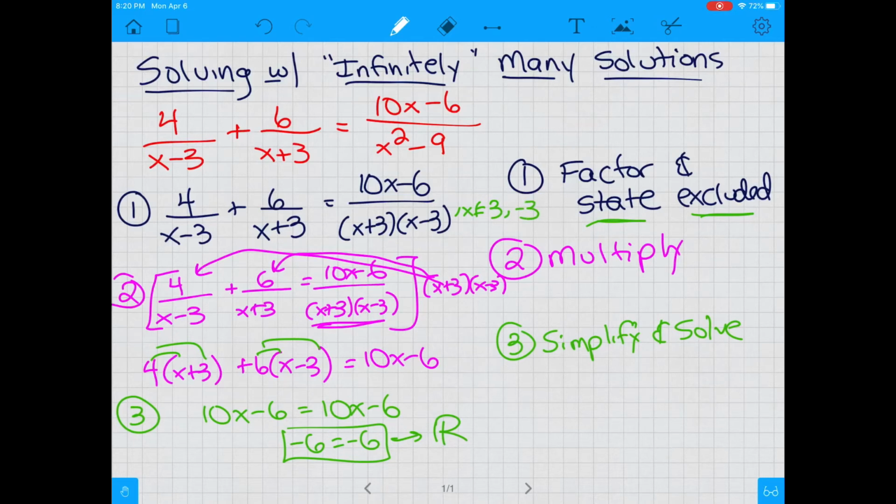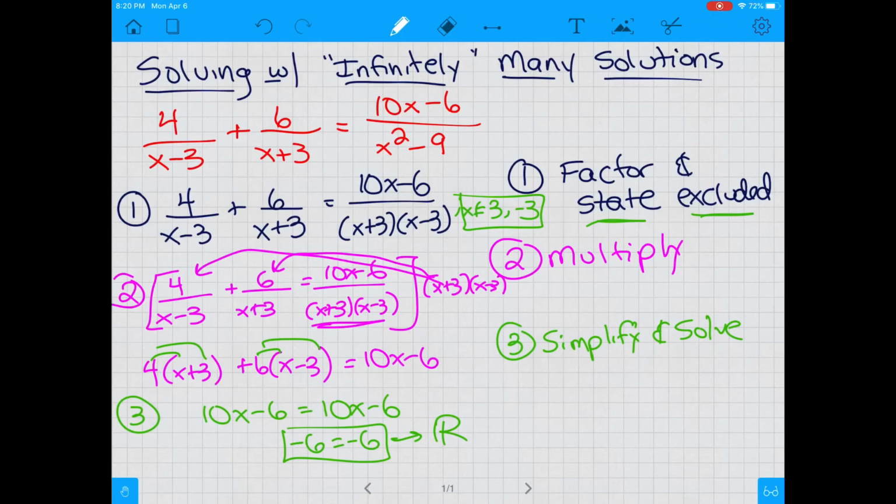The reason why infinitely ends up in quotation marks is it's true that there are infinitely many solutions. There's an infinite amount of numbers. So here we have more than one solution. It turns out everything works except for these things that I have to exclude at the beginning because they make my denominator 0.